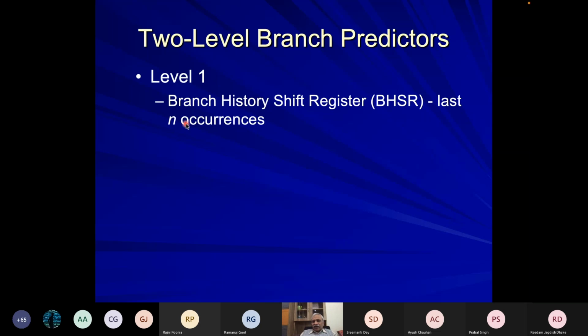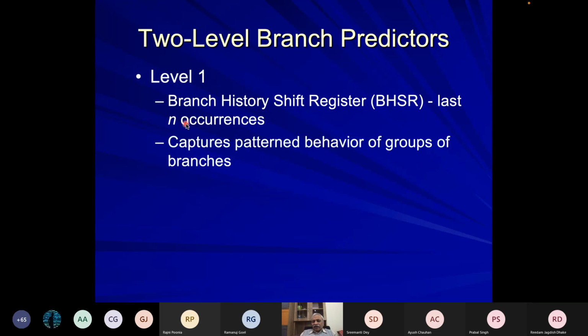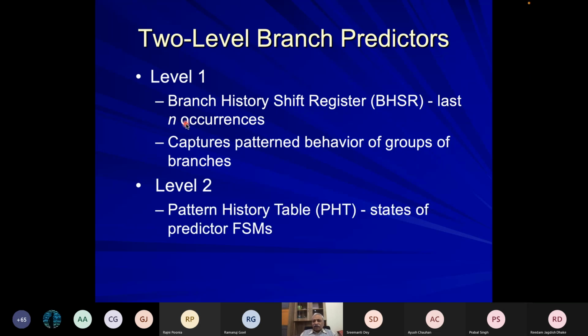Collectively, it captures pattern behavior of groups of branches. And the second thing we try to do is that we look at the behavior of a particular branch individually. That is through a table which we call the pattern history table, which will contain states of the predictor.